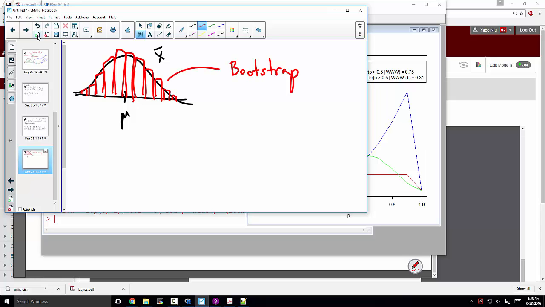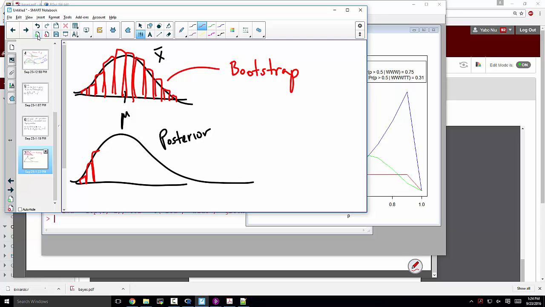So the bootstrap is analogous to what we're about to do, because we're saying I want to know a sampling distribution, but the best I can do is generate a bunch of random samples from it. In the Bayes context, if we can't solve analytically for what the posterior is, we can just sample from it.